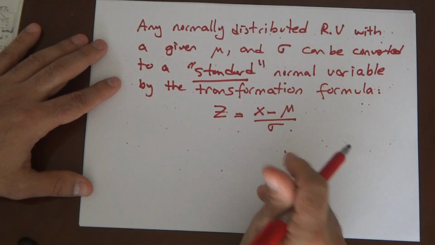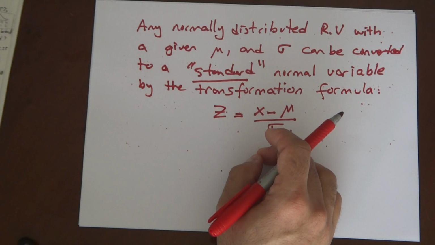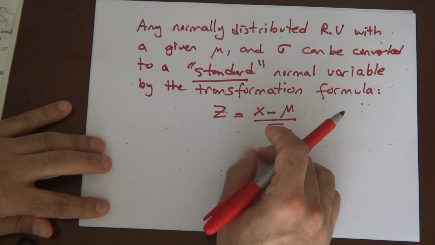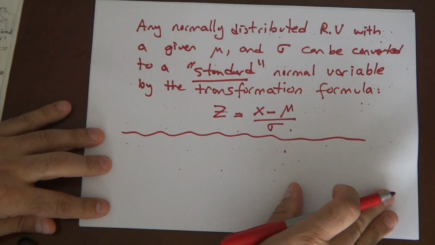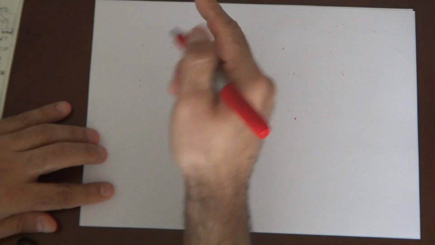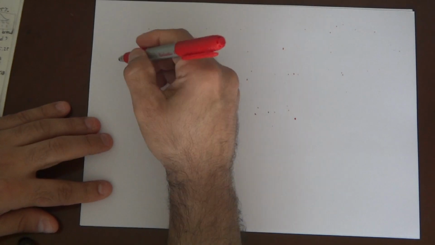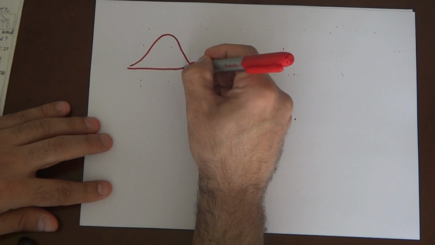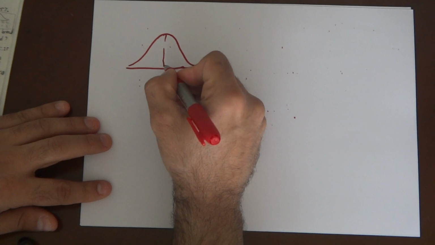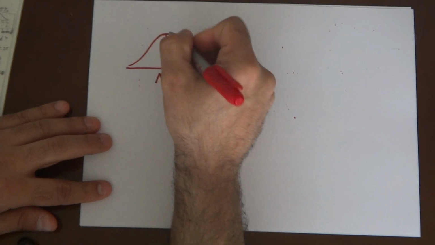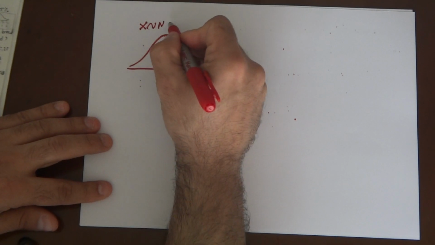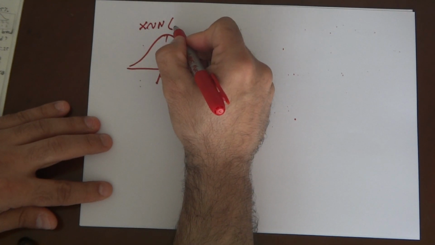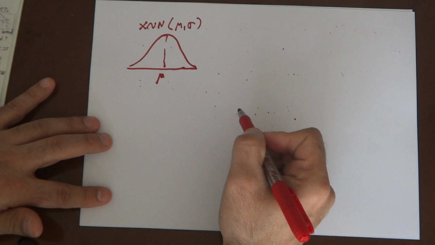I know everything looks very strange, but the summary is this is what we are trying to do. We have the normal distribution. What is the normal distribution? It's a bell-shaped symmetric curve, and the center is mu. This normal curve can be represented as X distributed normally with mu and sigma.